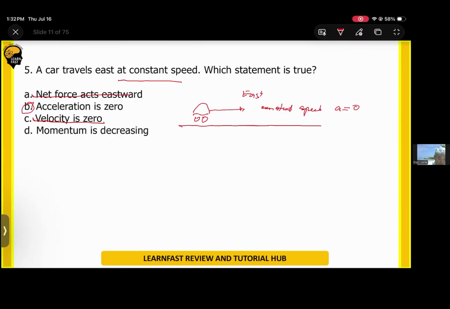So momentum is always conserved. So you cannot say momentum is decreasing when a car travels east at a constant speed. Remember, momentum is calculated using the product of the mass and its velocity. So velocity is present. So you cannot say momentum is decreasing. It's going to be constant because momentum is always conserved. So D is invalid.